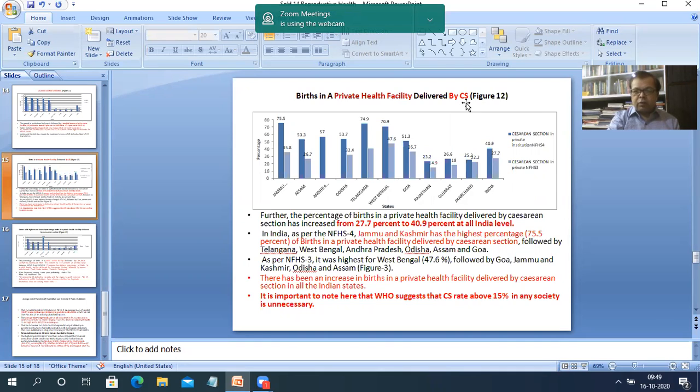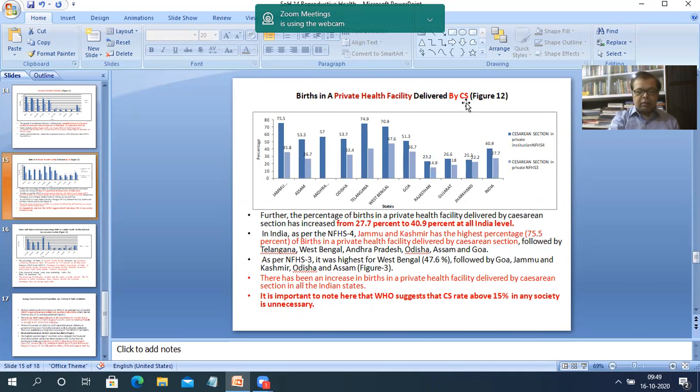Now, this is a very serious issue, and I think the policymakers need to consider why the number of cesarean section deliveries in private hospitals is becoming increasingly high.